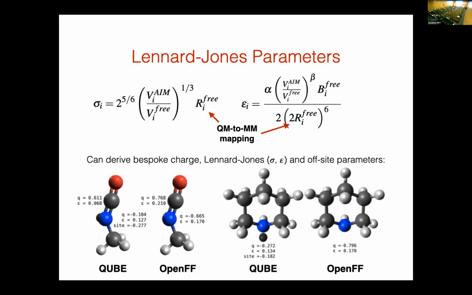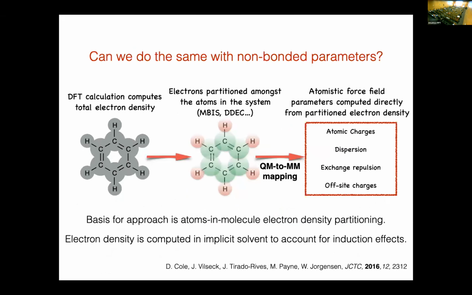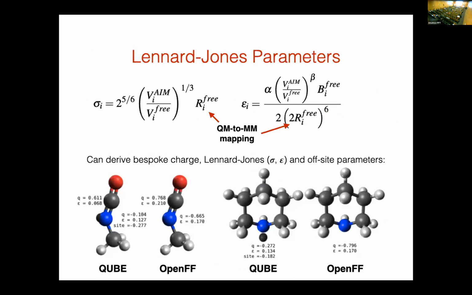So if you take a look at the sigma parameter, which sort of tells you how big the atom is, then we get this by taking the sort of free atom radius of the atom and rescaling it by the volume of the atom in the molecule. So given on the previous slide, we know all of these atomic electron densities. We just compute the integral, the r cubed moment of that density to get the volume.